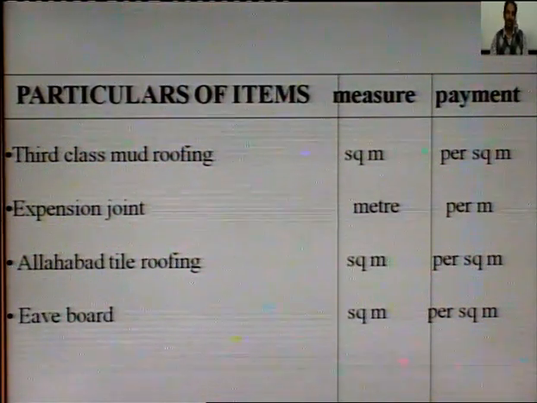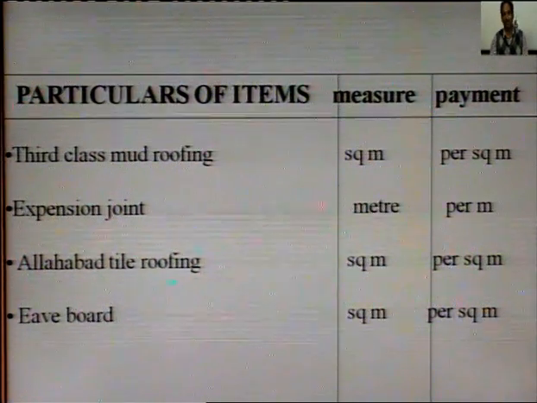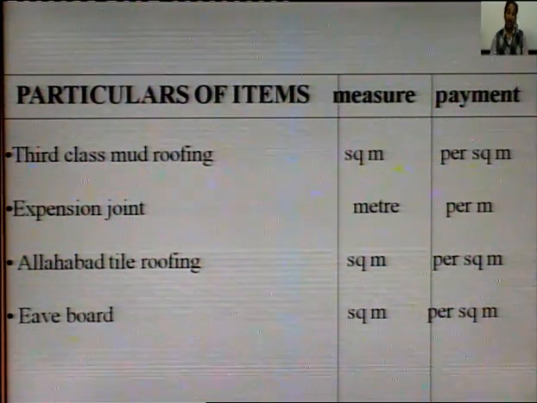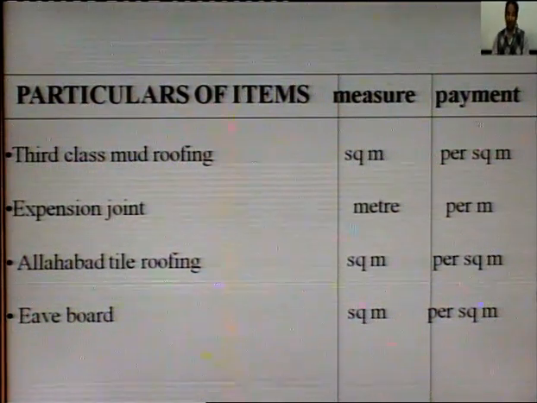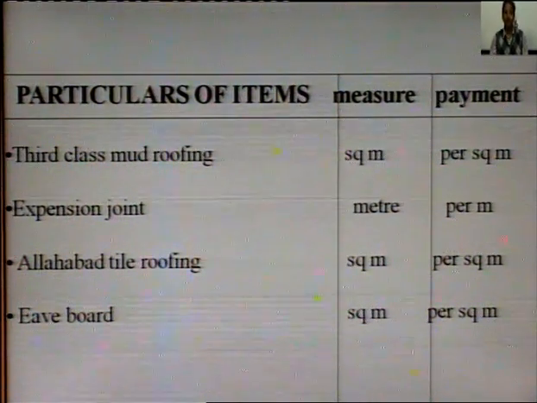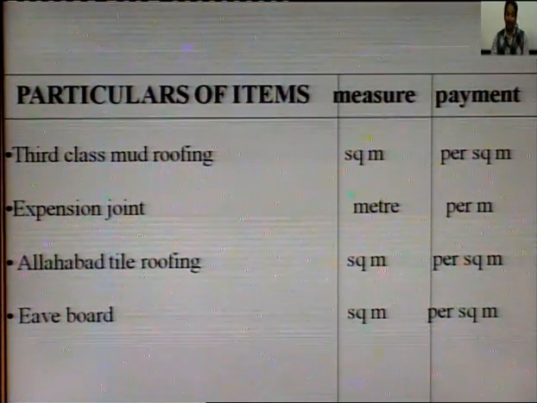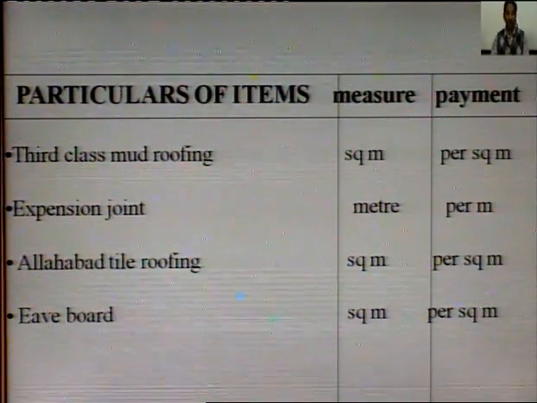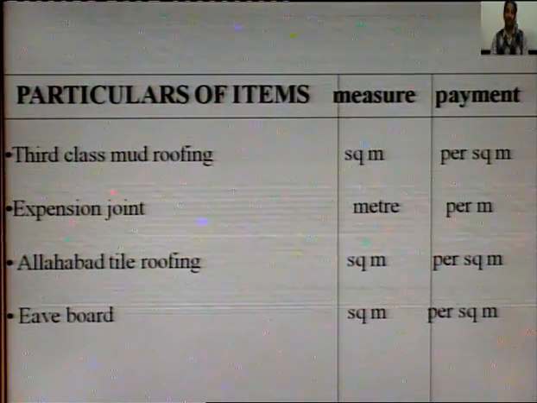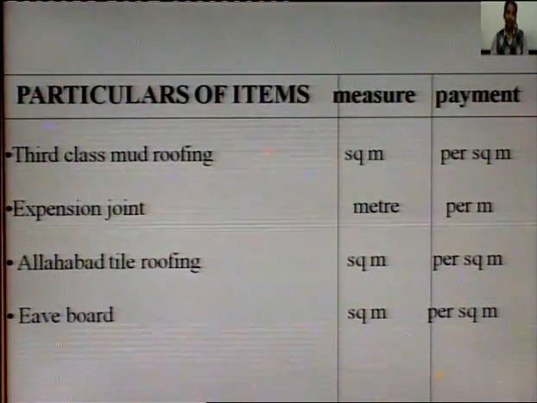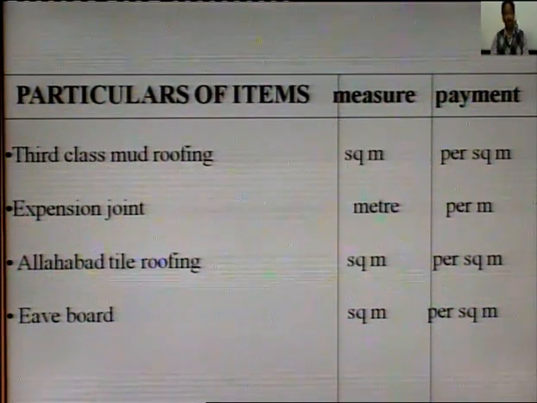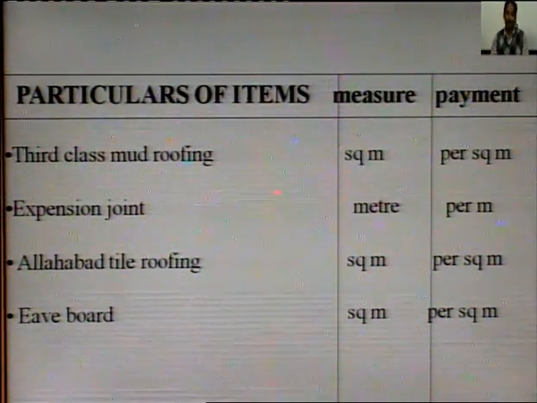And then expansion joint. Expansion joint means if the length of the building is more, then an expansion joint is provided. It is provided because, due to heat and temperature of the sun, some thermal stresses are induced in a building.